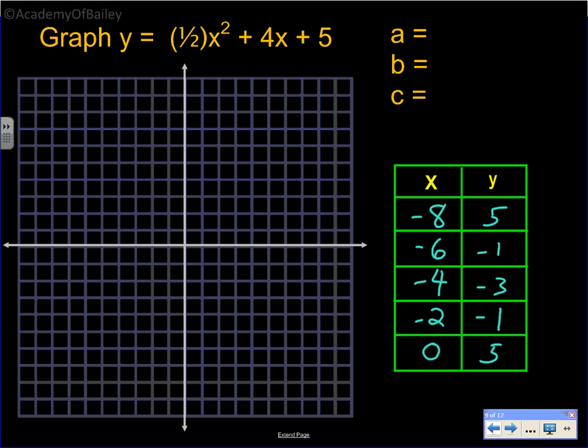Let's go ahead and graph those points. The vertex is negative 4, negative 3. It's 4 to the left and 3 down. Then we have negative 2, negative 1. And 0, 5. 1, 2, 3, 4, 5.